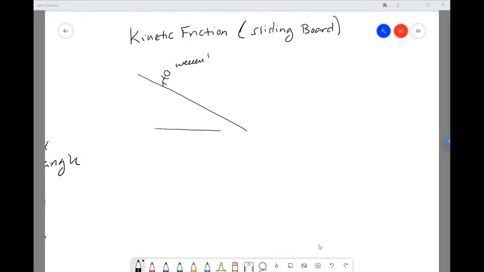And the sliding board has an angle of incline. The kid has a mass. Just like the last picture, there's a normal force that's supporting the kid on the sliding board, perpendicular to the incline. There's a force of gravity, and there's a frictional force.